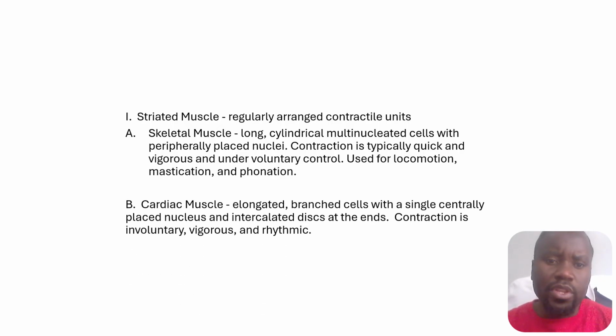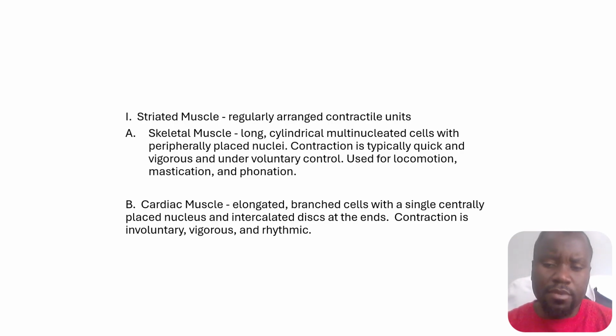Quickly, we begin with one of the types of muscle tissue we call striated muscle, because of the regular arrangement of the units that contract in the muscle.